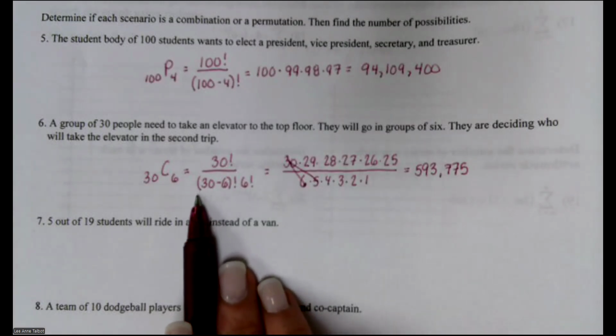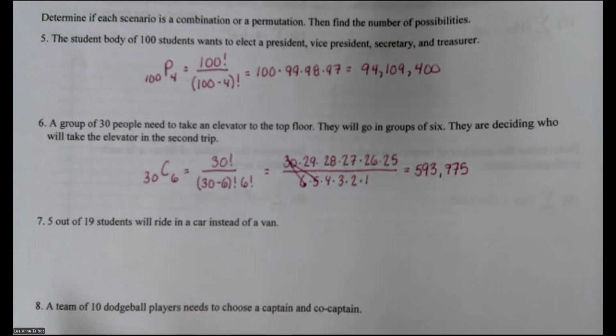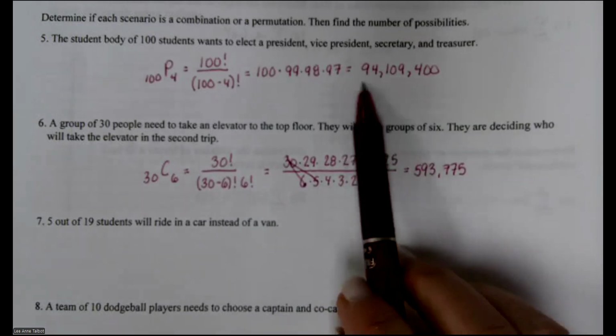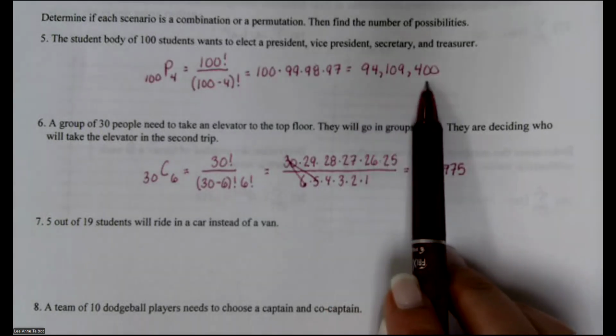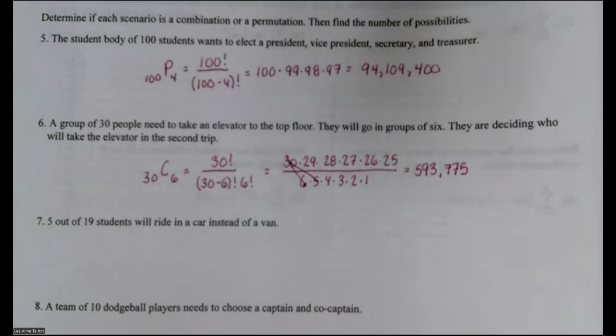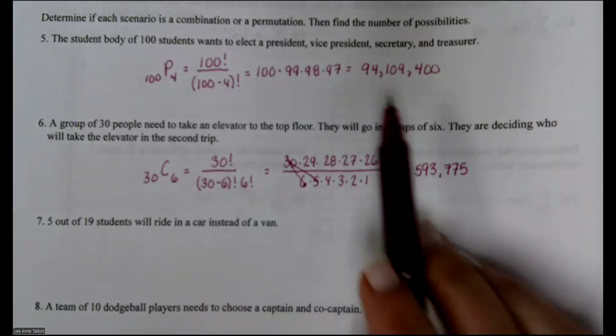So everything 24 and below is going to get canceled out because this is on the bottom. This is 94,109,400. This is one big number.